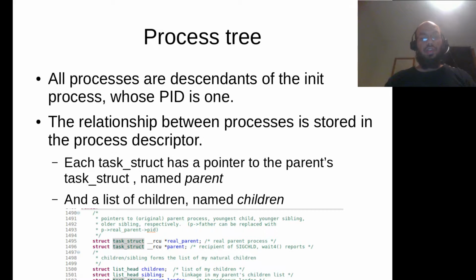So this is actually the code from the task struct that basically shows you where's the parent and where are the children and siblings, which are basically those that are on the same level when it comes to when they were forked. And also some other things that you might need, such as who's the group leader of these tasks.